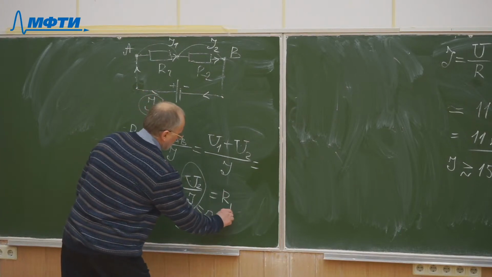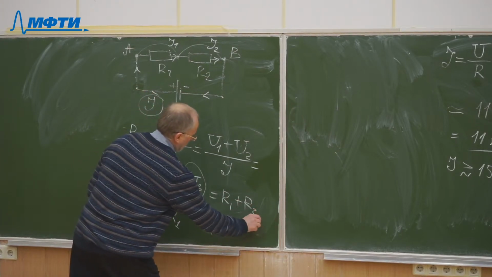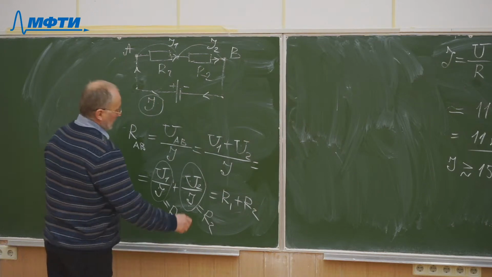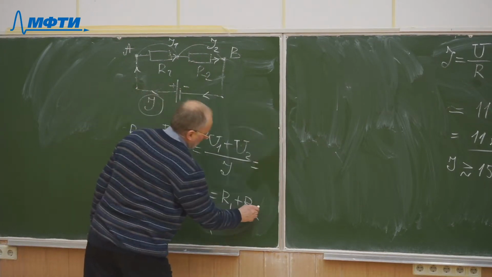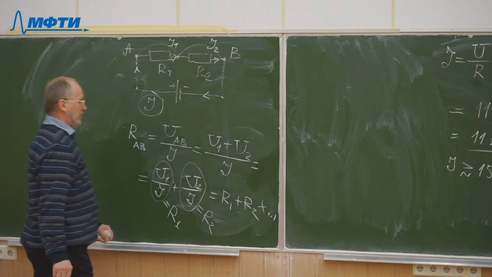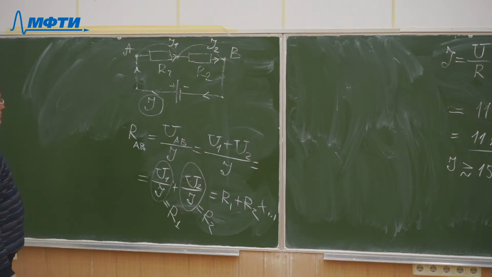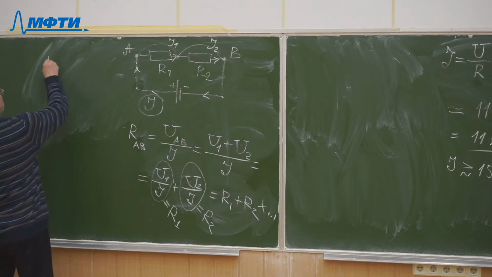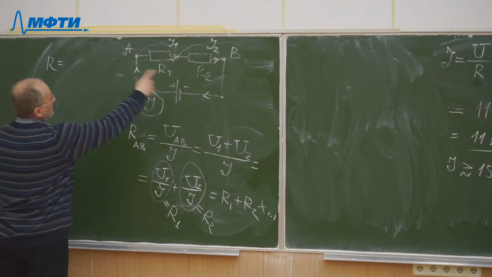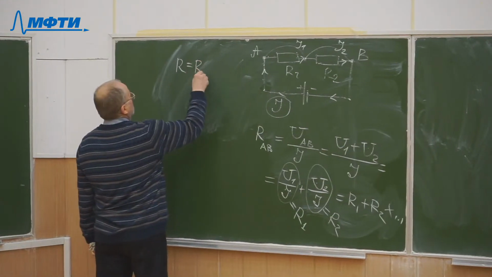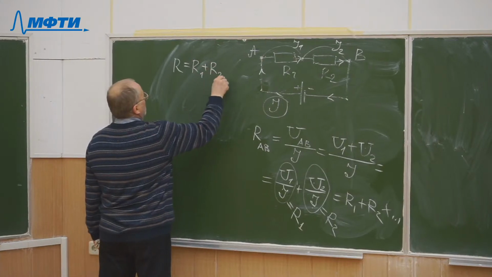So all this becomes R1 plus R2, and so on. If you have many resistors, then there will be many more additives in this formula. So the total resistance when you have a serial connection of resistors is equal to the sum of these resistors.